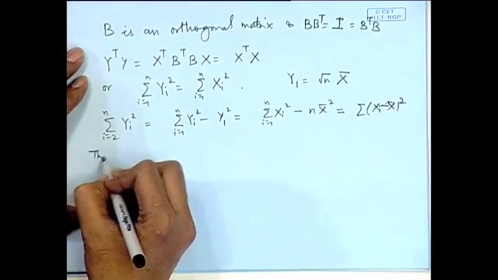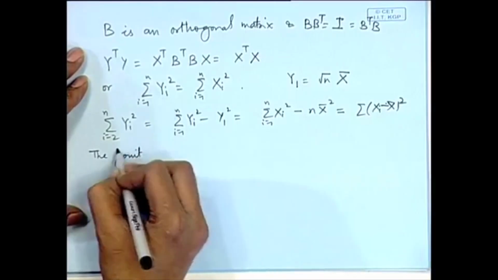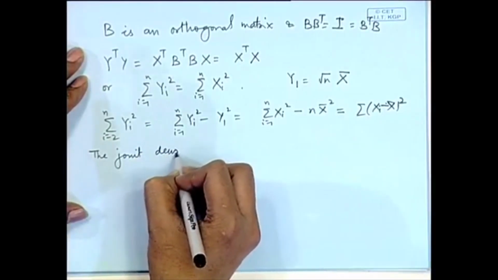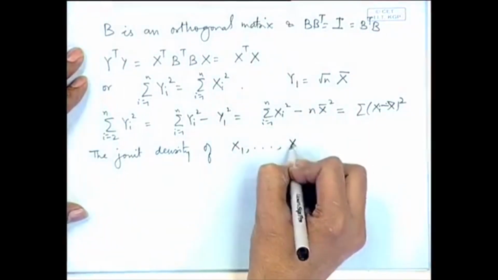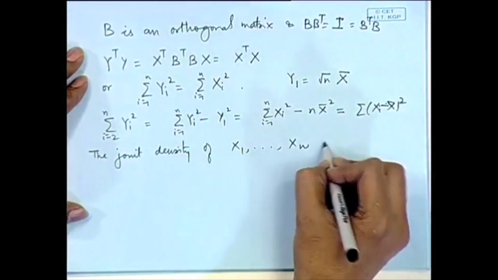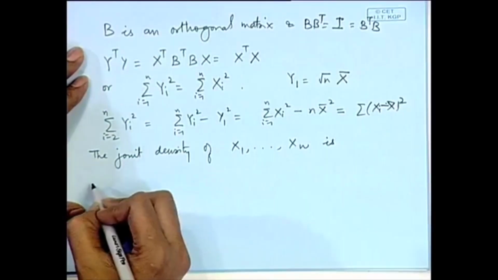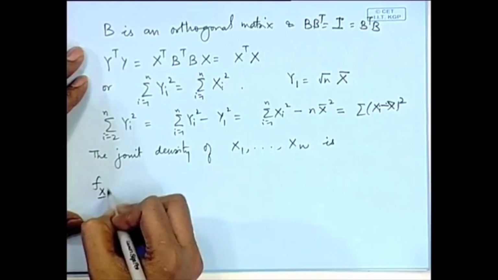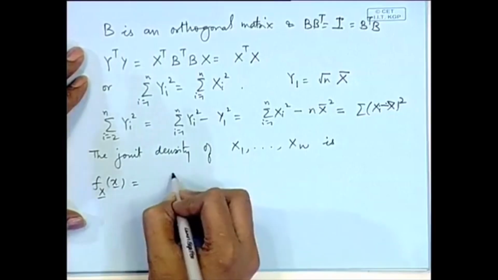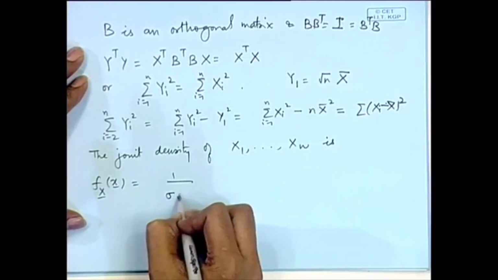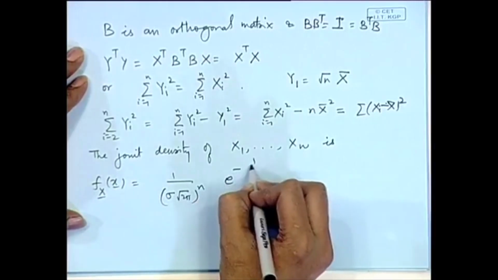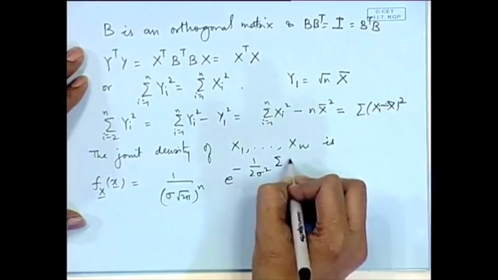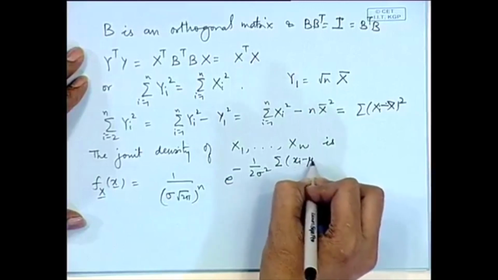So, firstly we write down the joint density function of x_1, x_2, ..., x_n. See, each of these x_i's are normal mu, sigma square variables. So, that distribution we write as 1 by sigma root 2 pi to the power n, e to the power minus 1 by 2 sigma square sigma (x_i minus mu) whole square.